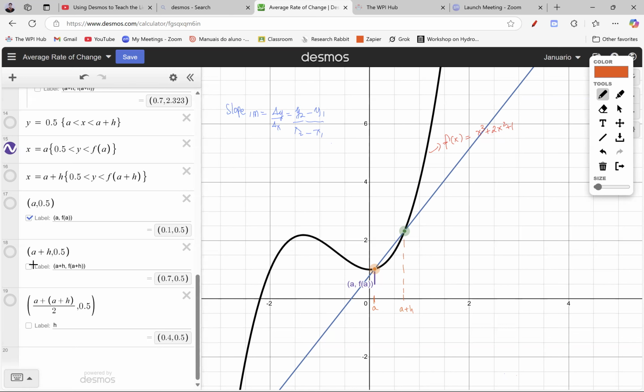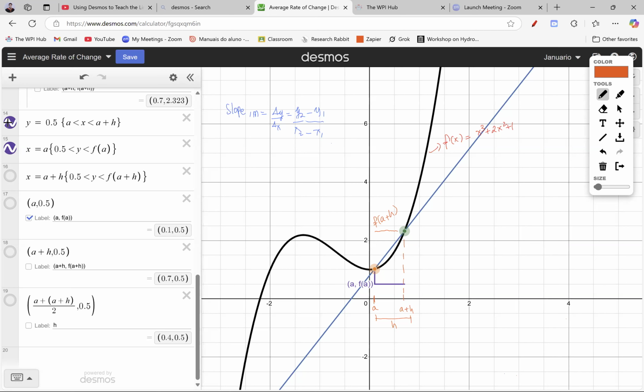The distance between this and this is what you call the h. And therefore the function's input there is f of a plus h, correct?